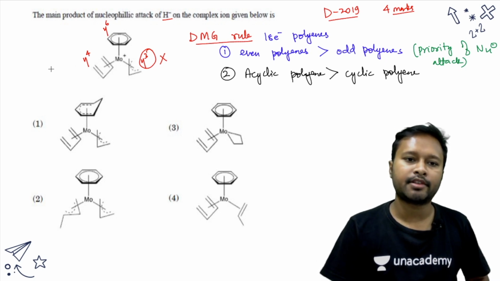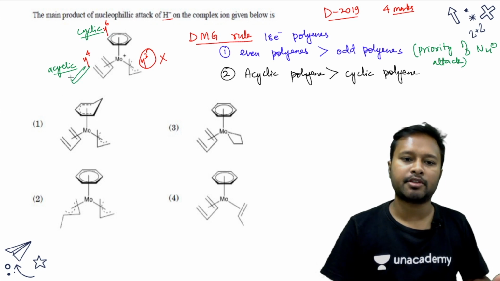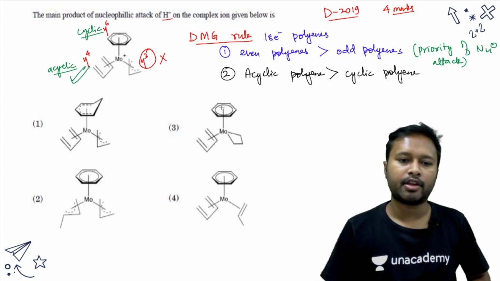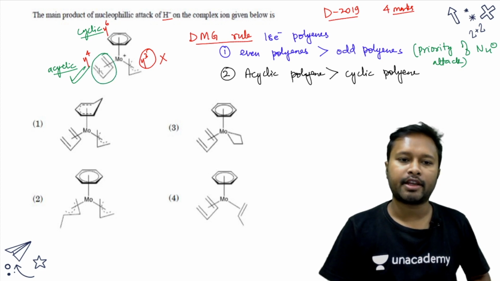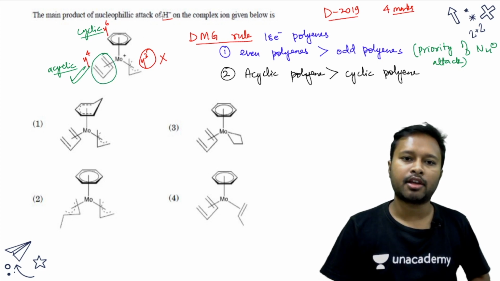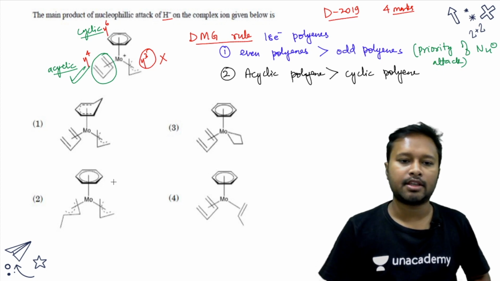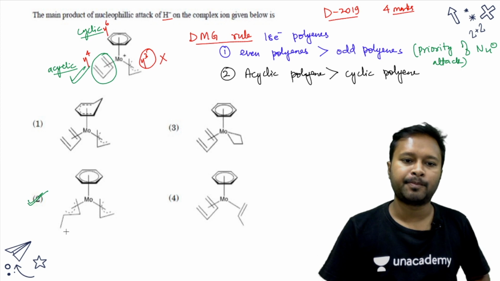Now out of these two, this is acyclic and this one is cyclic. Now you know where the attack will be, right? The acyclic one will be much faster as per the second point. So this particular ring is going to undergo nucleophilic attack, and because we are doing a hydride attack, its hapticity will change from 4 to 3, and you can see that in option number 2. This is the correct option.